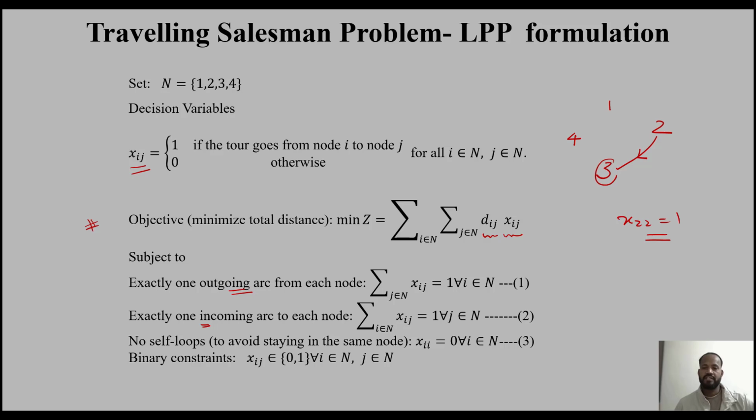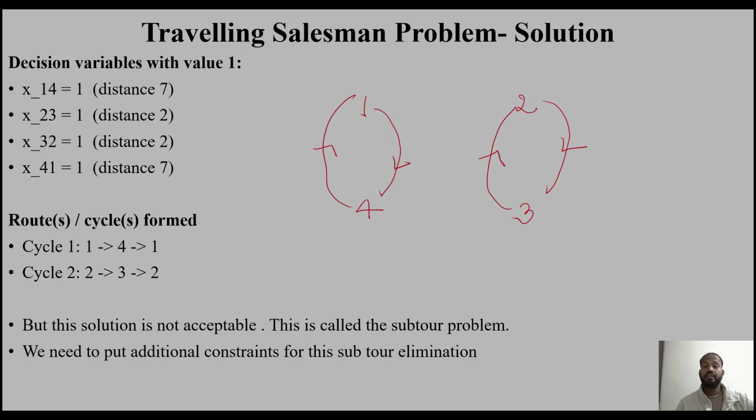Let's see what solution we get if you run this LPP by coding in Python or any other language. When you run the program, this is the solution we get: x14 is 1, x23 is 1, x32 is 1, and x41 is 1. When you check the routes, you see it forms 2 cycles. The first is 1 to 4, 4 to 1: from 1 you reach 4, and then from 4 you reach 1 again.